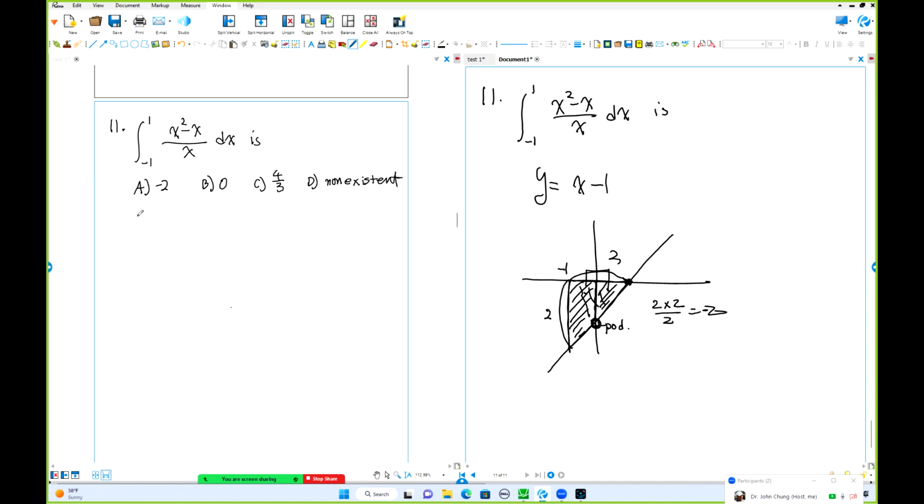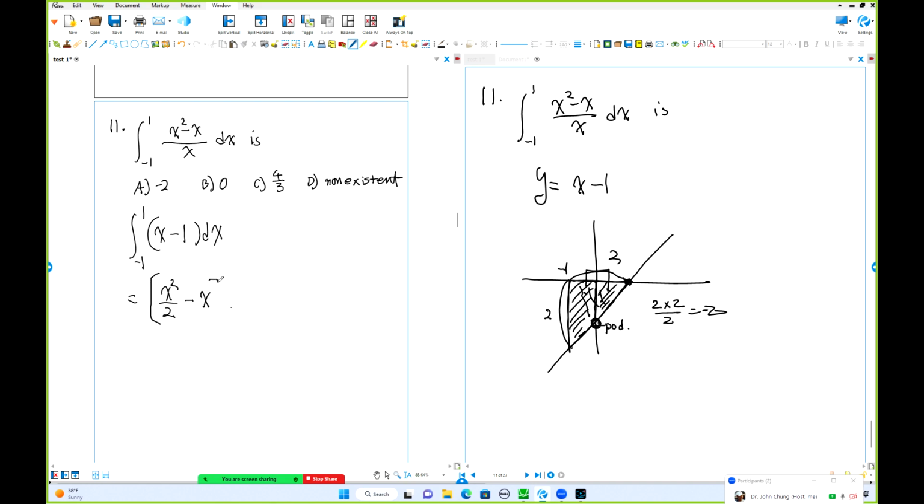Now take a look over here. When you have x squared minus x over x, you can simplify this one. X squared over x is x minus 1. Are you okay with this? Take the antiderivative. The first one is x squared over 2, isn't it? Plus, minus 1 is minus x.